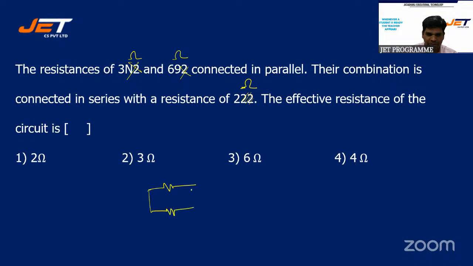Ignore this mistake, students. Focus on the subject. 3 and 6 are connected in parallel. Now, this combination is connected in series with a resistance of 2 ohms. Between A and B, what is the equivalent resistance is asked.